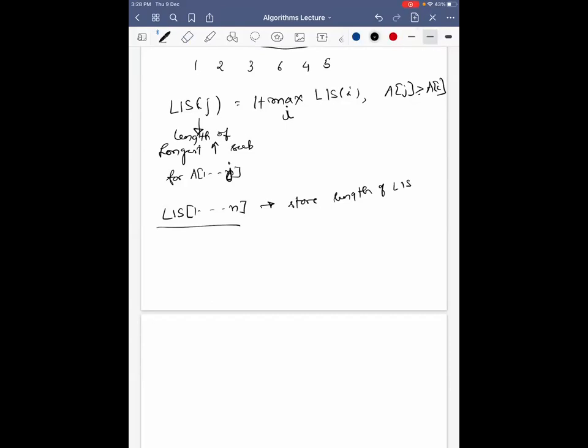So how would you go about implementing it? Of course, initially everything would be 0. Then you run a loop. You walk through the array, and for every j for which this condition is satisfied, you use this recurrence.